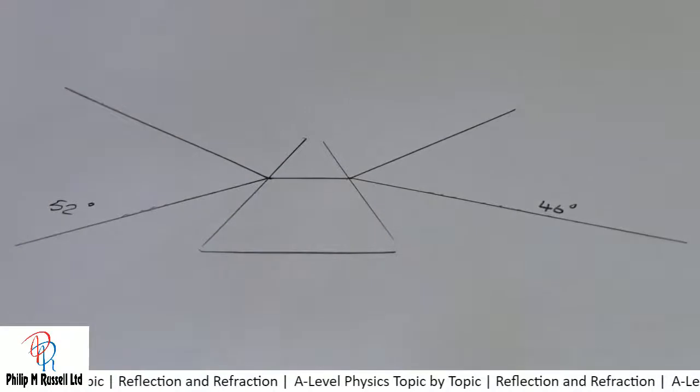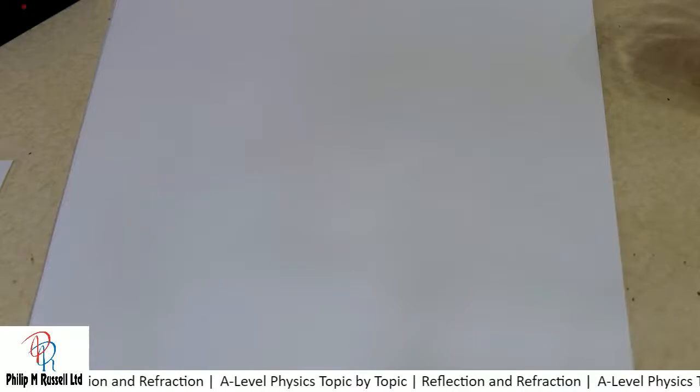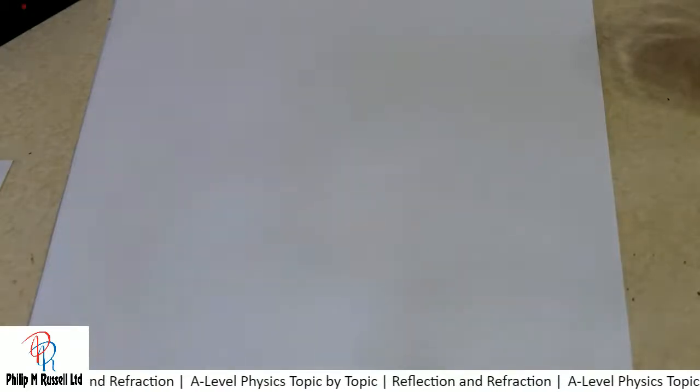Let's do this same experiment though with a different shape prism. What happens with this different prism?